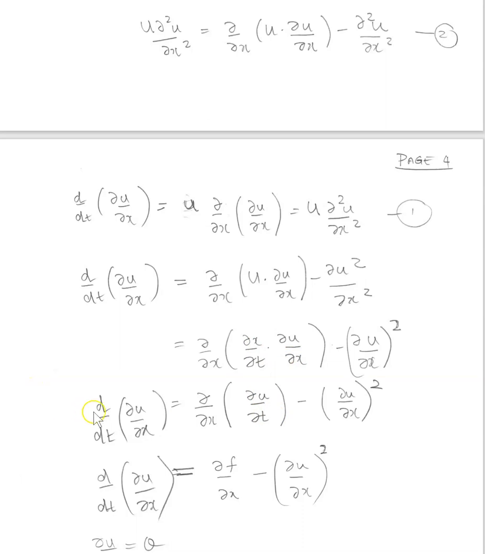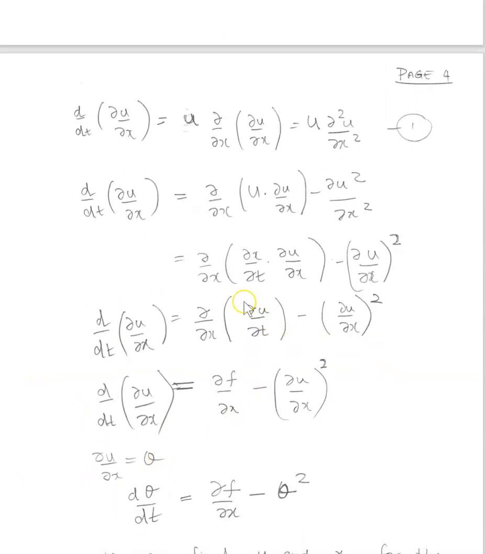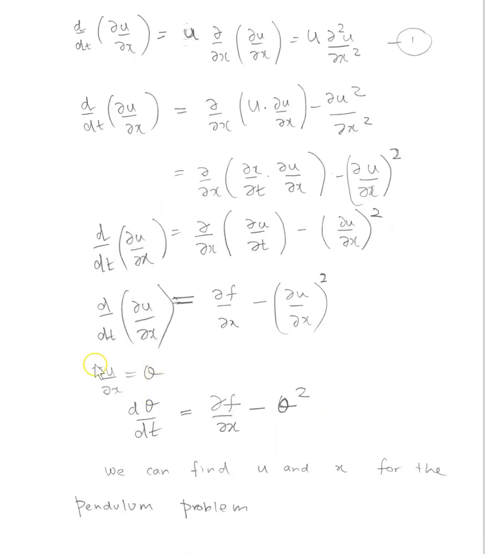So this is the equation, and d over dt partial u of partial x. This is the velocity, change in velocity with respect to time, so there is acceleration, so partial f of partial x minus partial u of partial x, and then d over dt becomes theta here, we just put theta here, and then we get an equation like this.